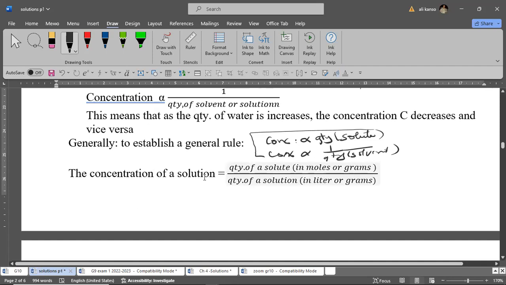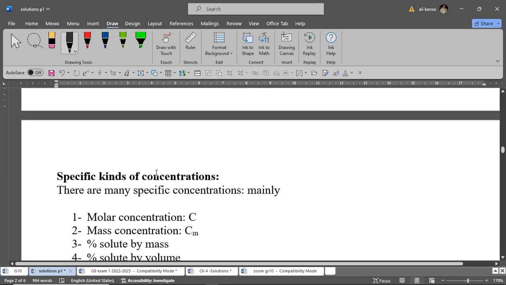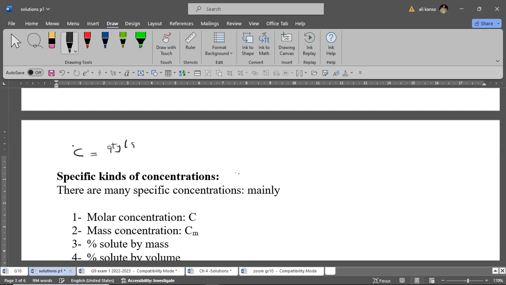In general, look at this fraction. Concentration equals, shortly, the quantity of solute over the quantity of solution, which includes the solvent.